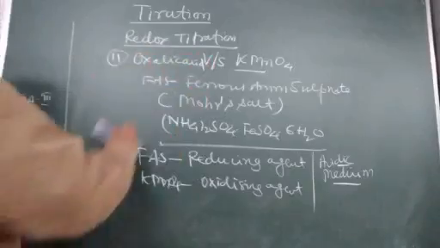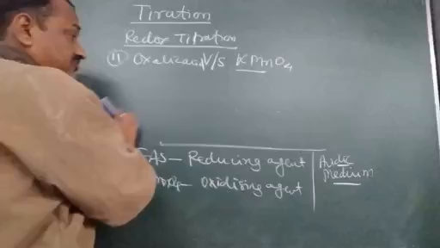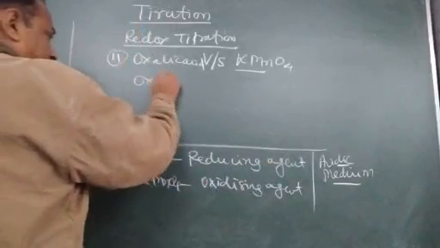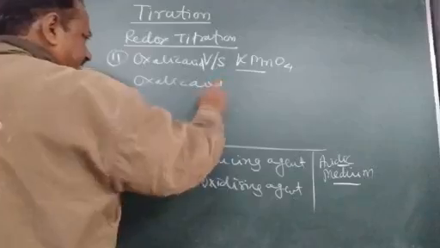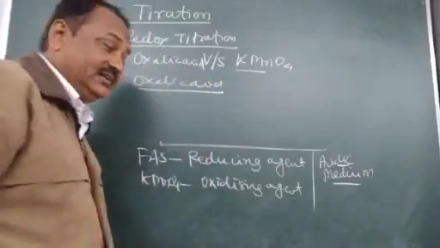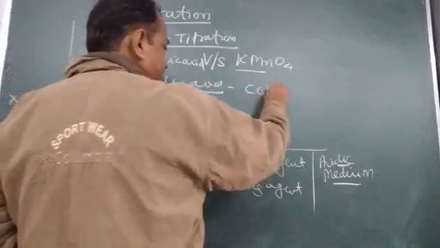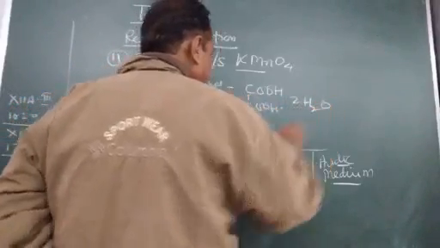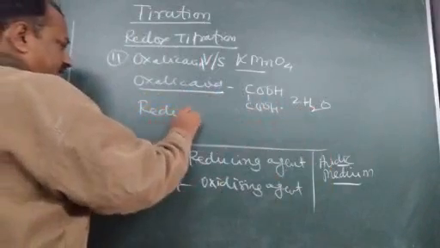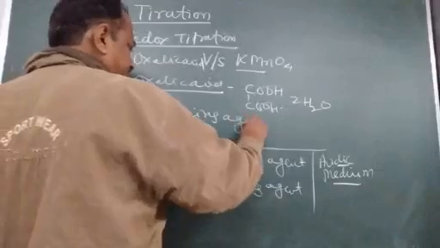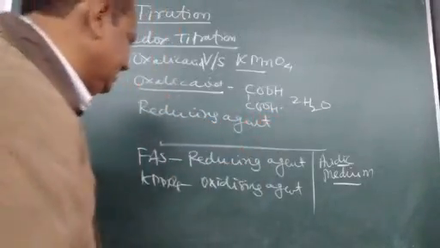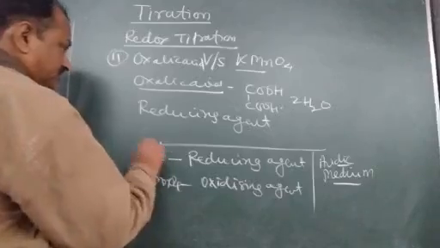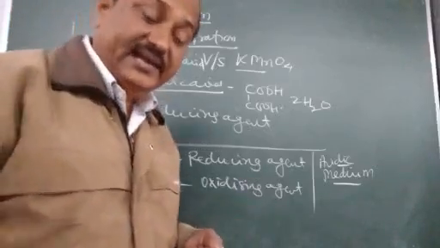Oxalic acid is a dicarboxylic acid, (COOH)2·2H2O, and it is a reducing agent. Oxalic acid is a dicarboxylic acid.